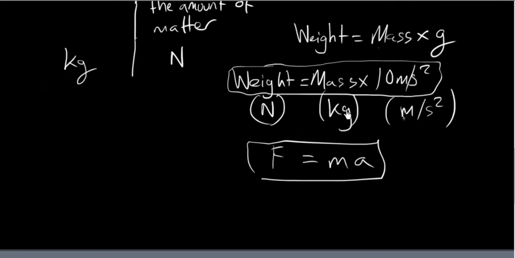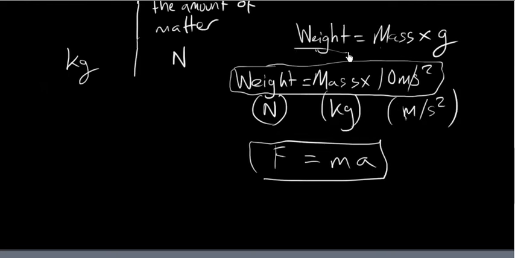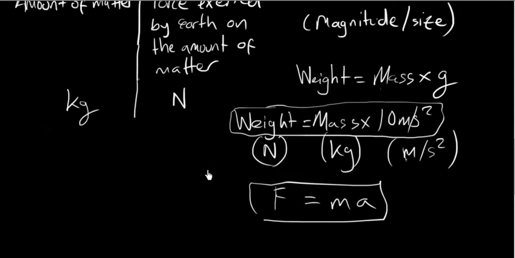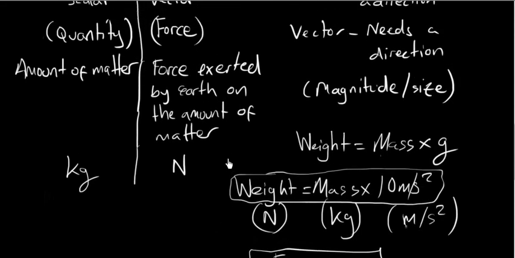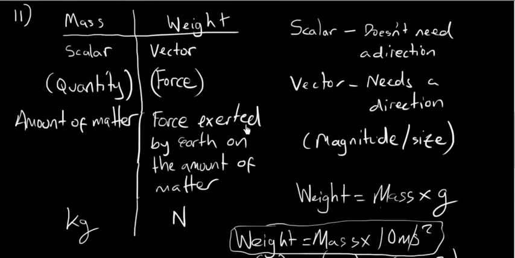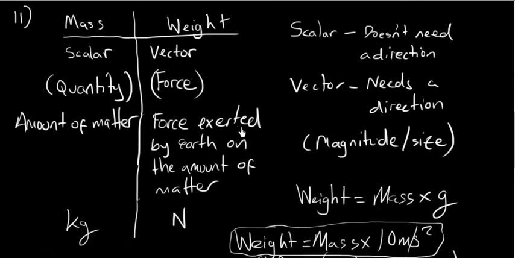And next year we'll be doing a slightly more complete expression for what the weight of something really is, or the gravitational force of attraction, which is universal and will be true for the moon and the sun and their attraction between them and the earth as much as it is for our bodies here on the planet. So hopefully that answers that question on the difference between mass and weight. One of them is a force and the other one is just a quantity.